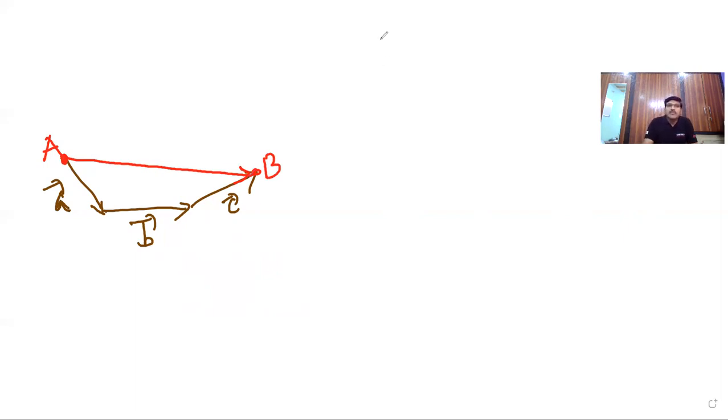Okay, the same I am applying, simple addition I am applying in this case also. Now observe.